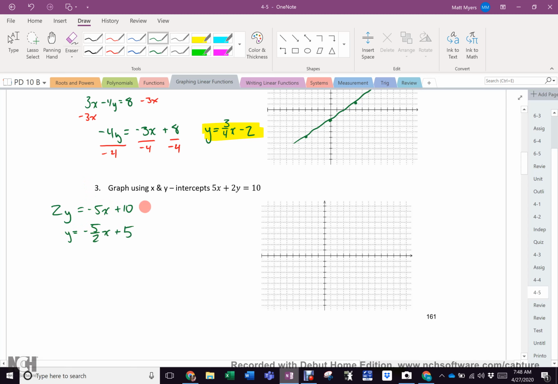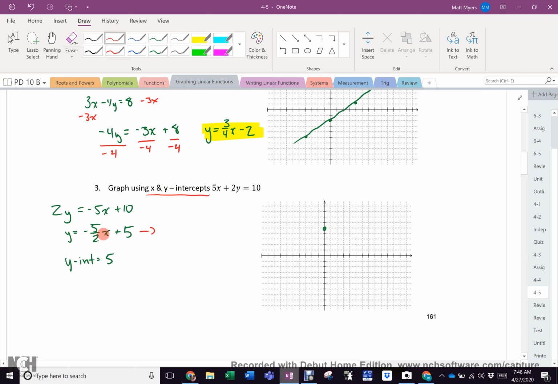Now I automatically know my y-intercept equals 5. So 1, 2, 3, 4, 5. And then my x-intercept, remember, y has to be 0. I could find this by counting, but I wanted you to use the x-intercept.